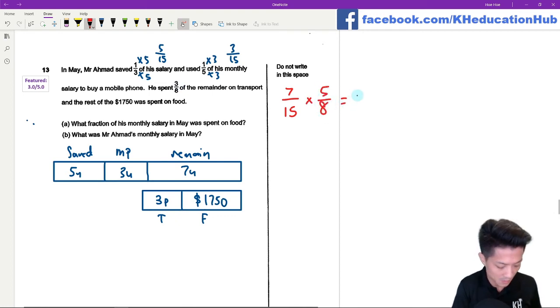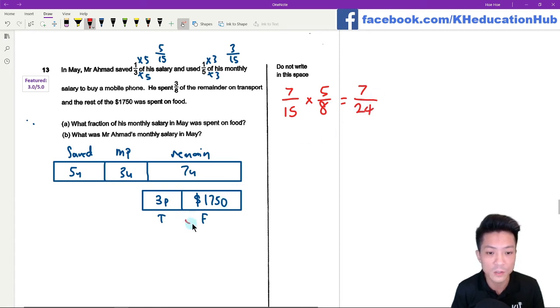It's going to give me 7/24. Okay, in case you're confused, this part is 5/8. This part here is 7/15. Okay, this will be the answer for part A.